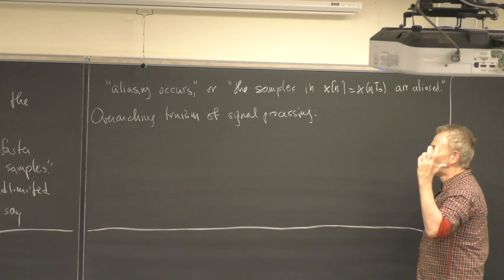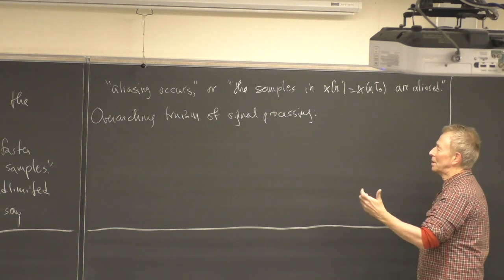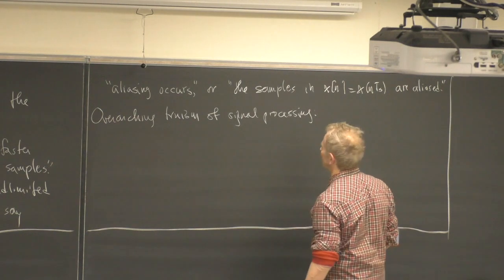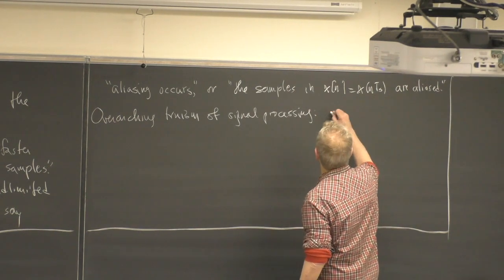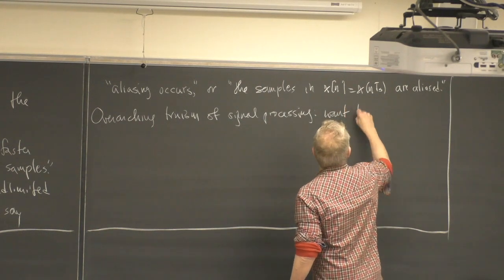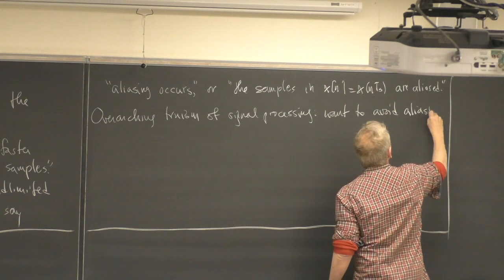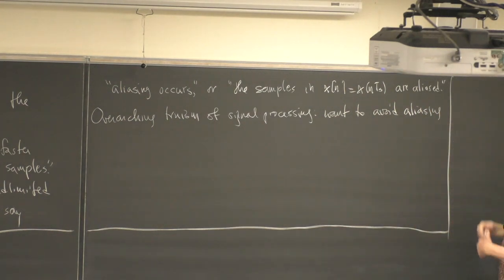So it's not like we don't know what happens, but in applications, we generally want to avoid it for various reasons. And I'll draw a picture that I hope illustrates that a bit. So the overarching truism of signal processing is that we want to avoid aliasing. We want to avoid sampling signals in such a way that the samples are aliased.